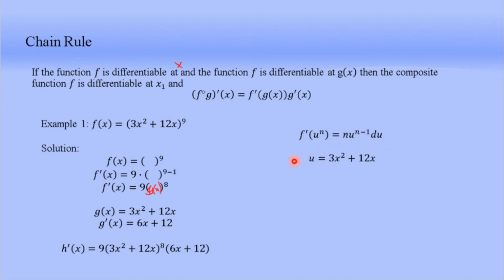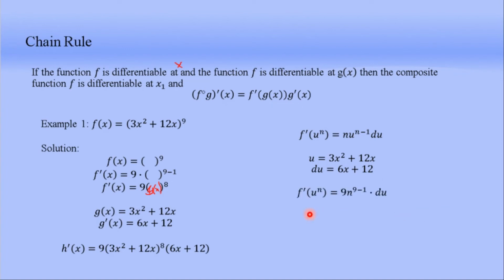So the g of x here is the u, the function inside the function. So that is 3x squared plus 12x, and then the du, which is the derivative of u, is 6x plus 12.